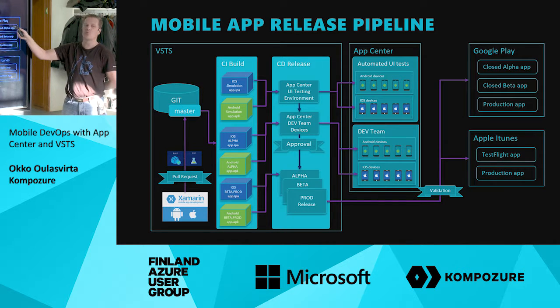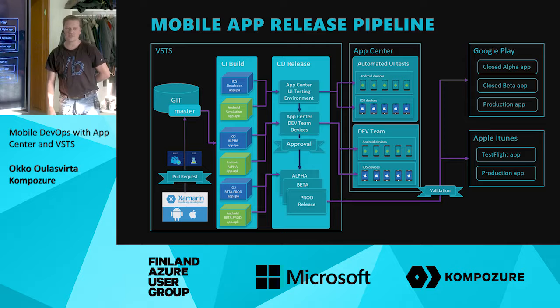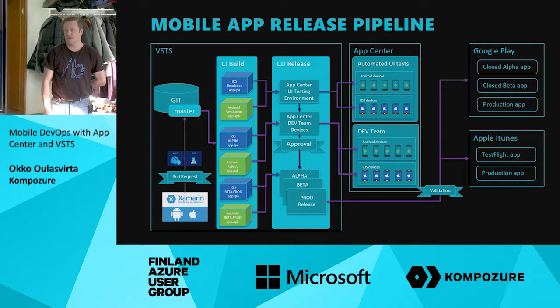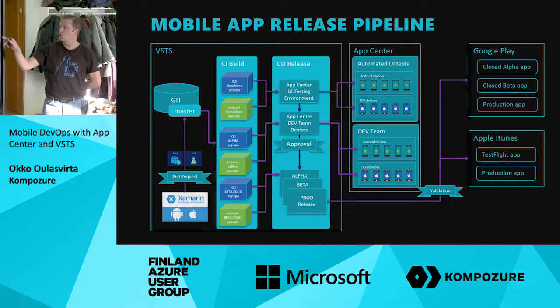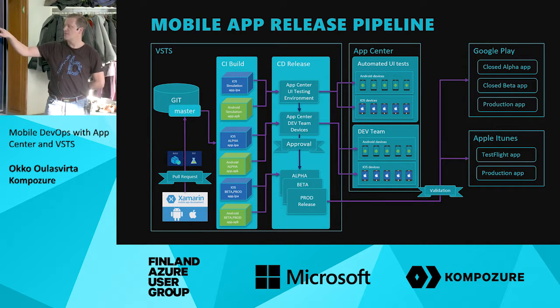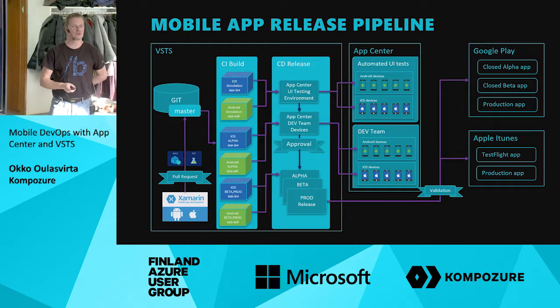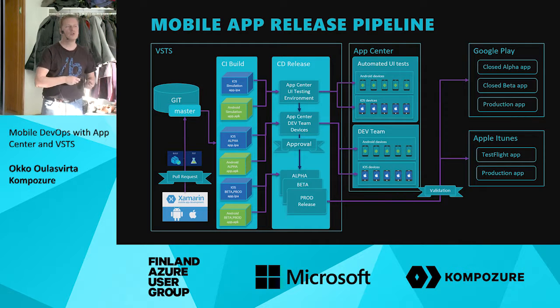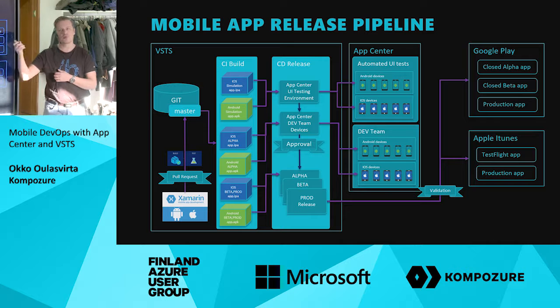So for example, if we want to have this alpha app channel for us to be hooked with the development side of the Azure backend, we know that this alpha application is always something that we will not publish eventually to production.